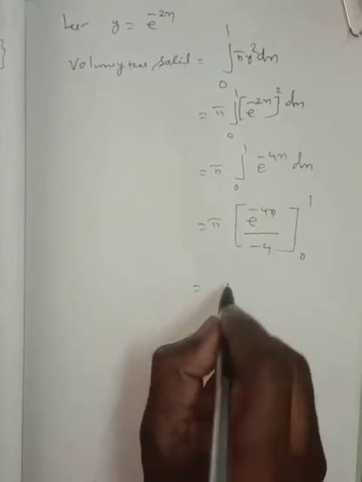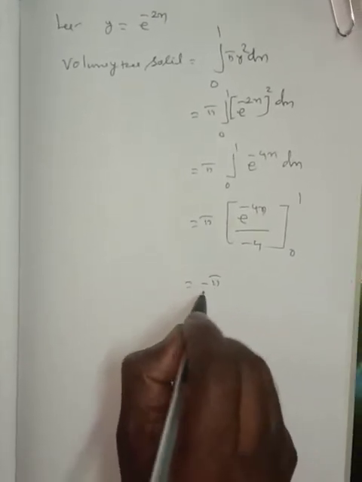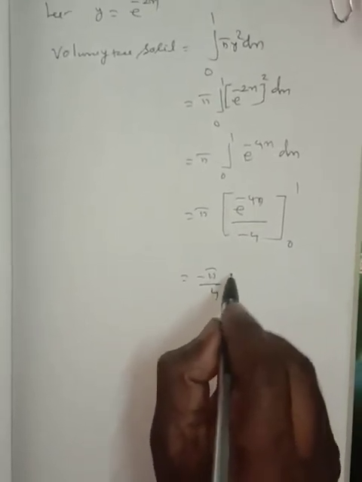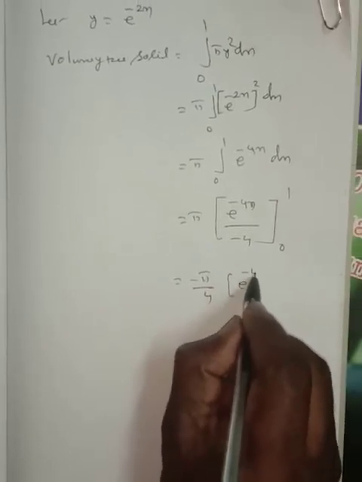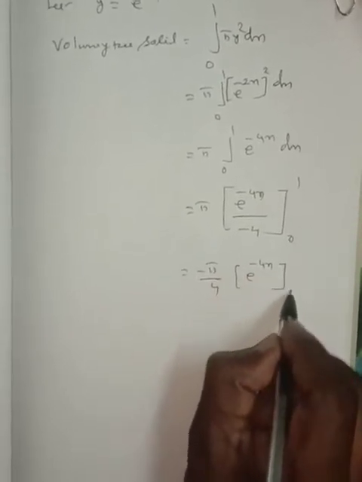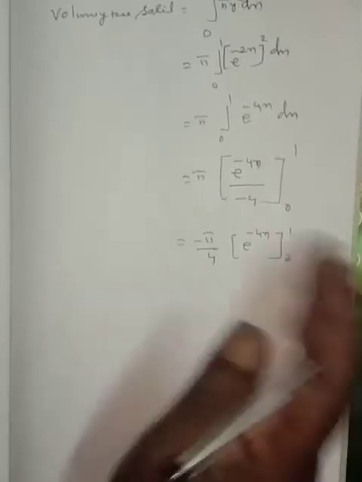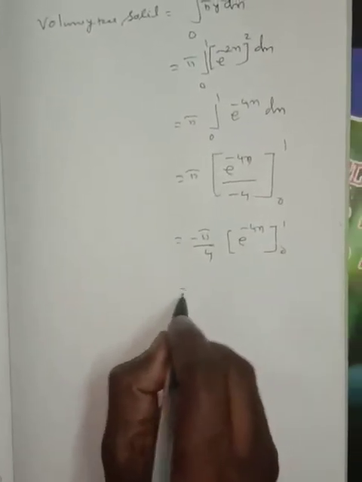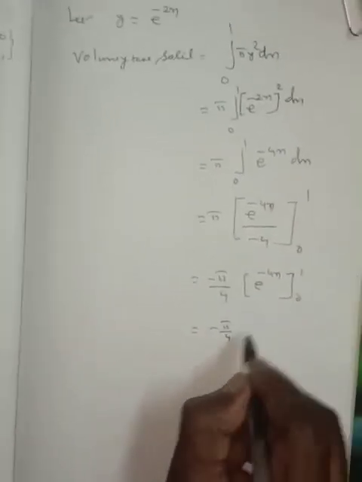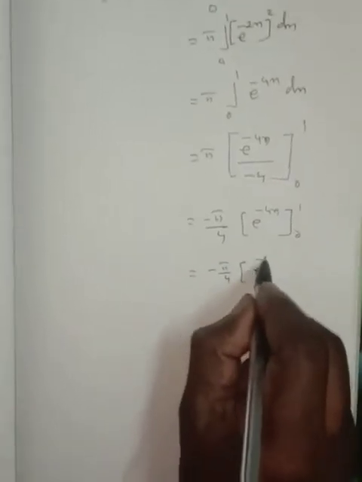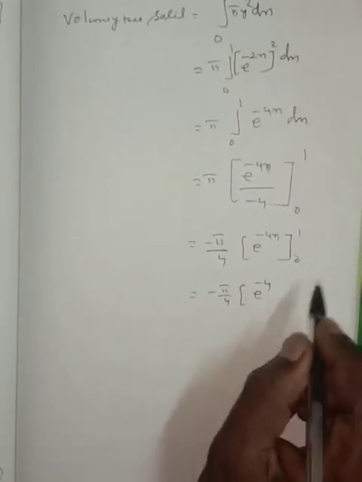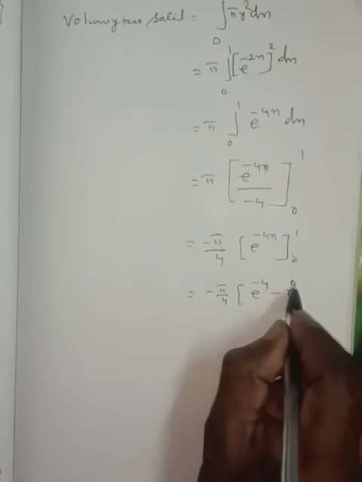Now minus pi divided by 4 is a constant number outside the integral, e to the power of minus 4x taken over the limit 0 to 1. Now apply the upper limit: minus pi by 4 of e to the power of minus 4 into 1, which is minus 4, minus e to the power of 0. e to the power of 0 is 1.